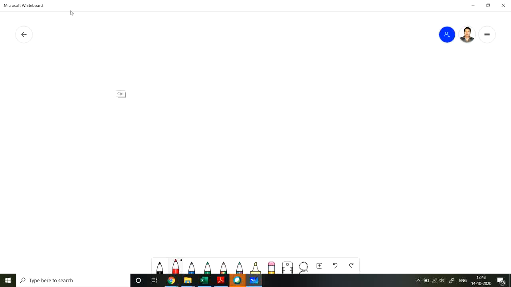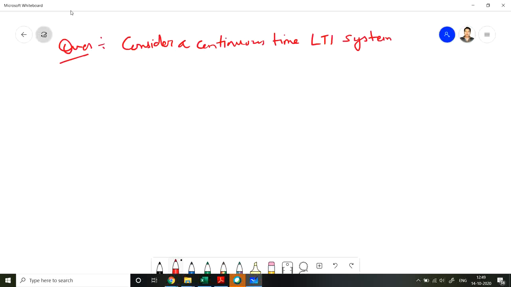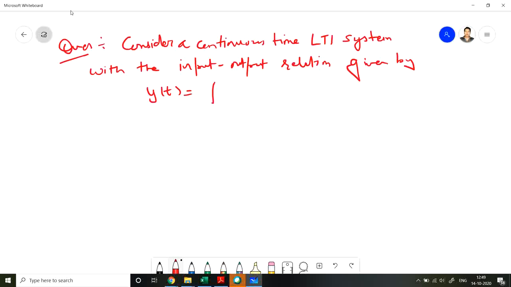Okay, let us do another problem. The question is: consider a continuous time LTI system with the input output relation given by y(t) equals the integral from minus infinity to t of e^(-(t minus tau)) x(tau) d tau.